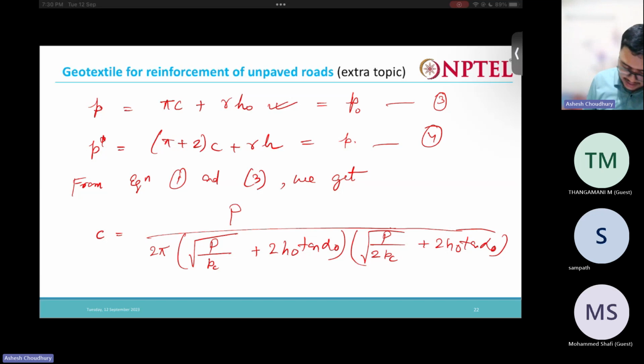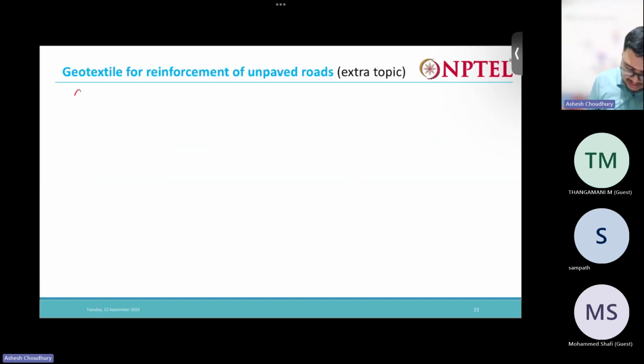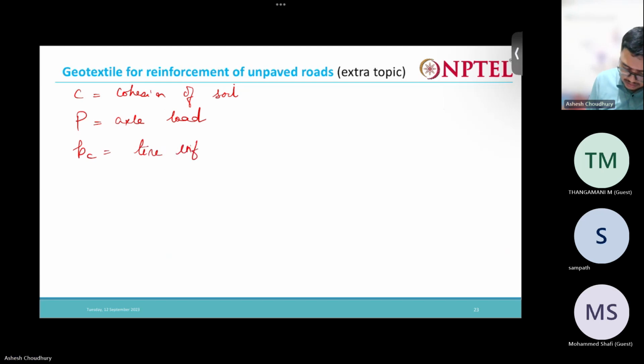So let us define the terms. What is C? C is the cohesion of soil. What is capital P? Axle load. What is PC? PC is the tire inflation pressure. Okay, the pressure at which vehicle tires have been inflated.